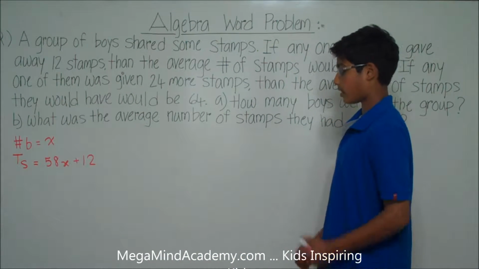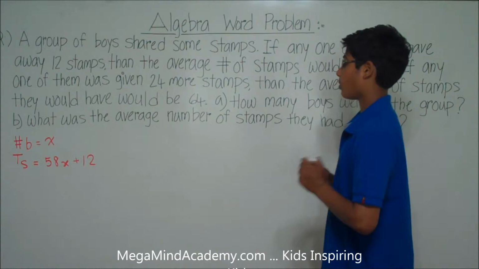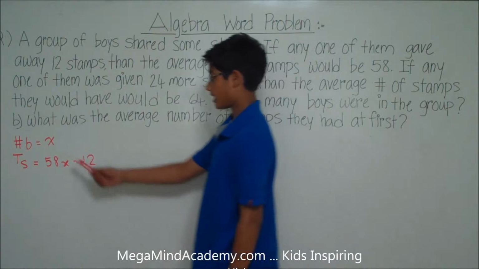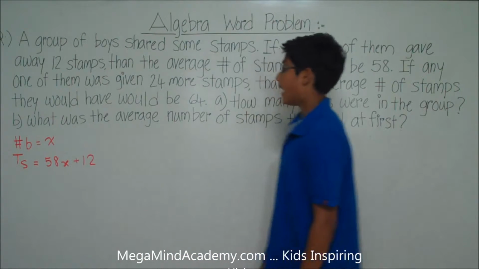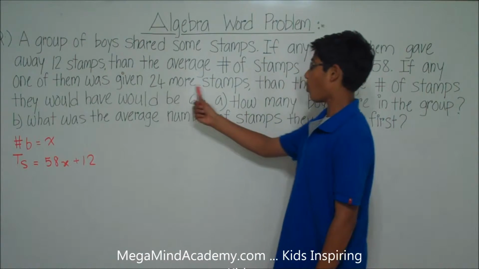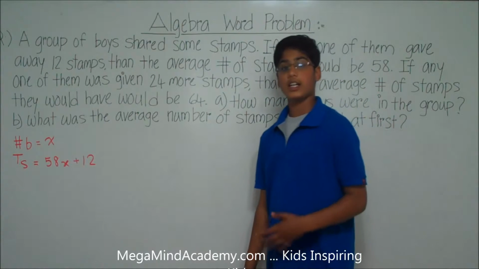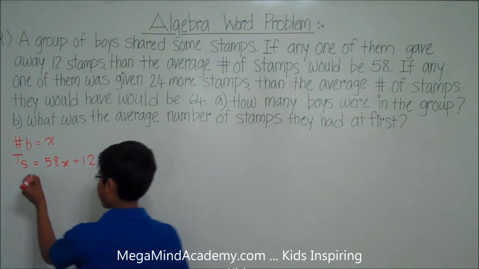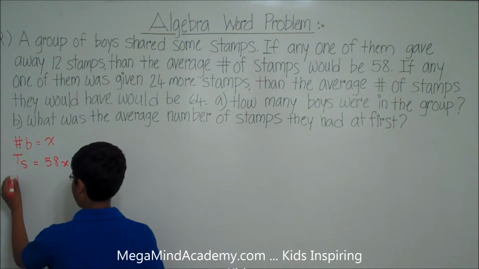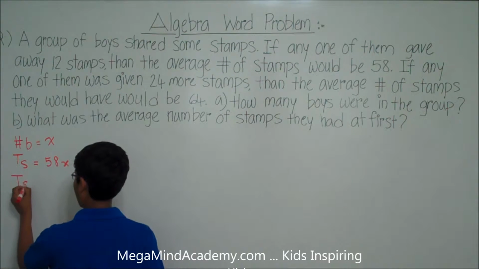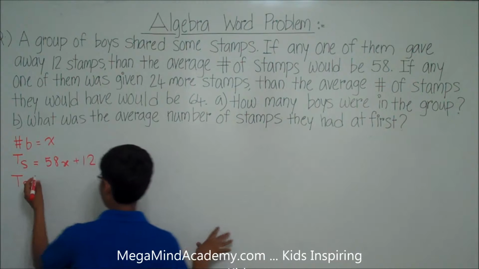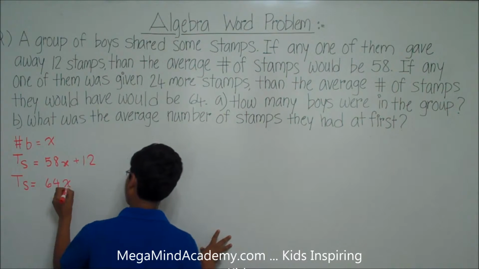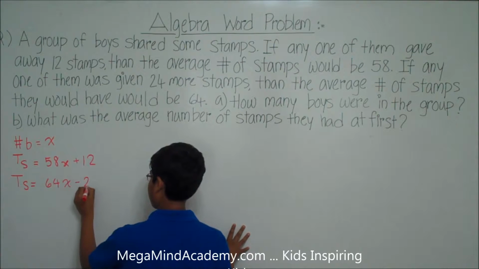So this means that the total stamps is equal to 64 times the number of boys, which is X, minus the 24 more stamps that someone got. So the total stamps, T for total, S for stamps, is equal to 64X minus 24.